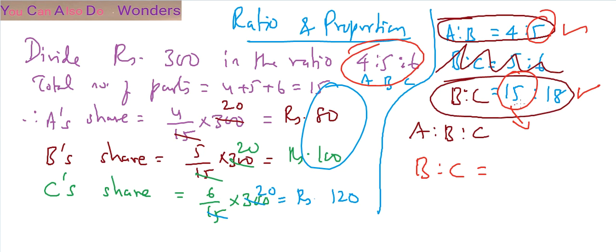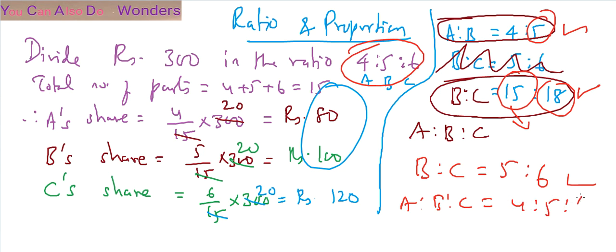So if 15 is divided by 3, 18 also should be divided by 3. Then it becomes 5 is to 6. So now we know A is to B is 4 is to 5, B is to C is 5 is to 6, which means A is to B is to C equals 4 is to 5 is to 6.